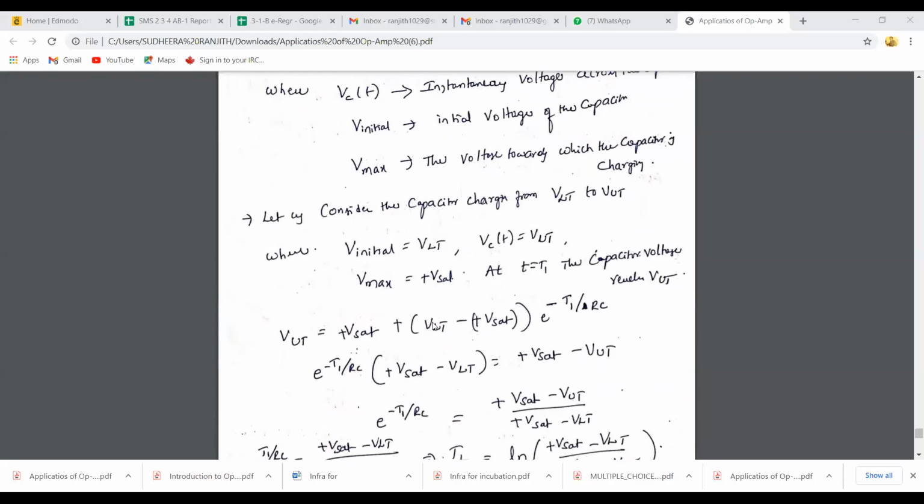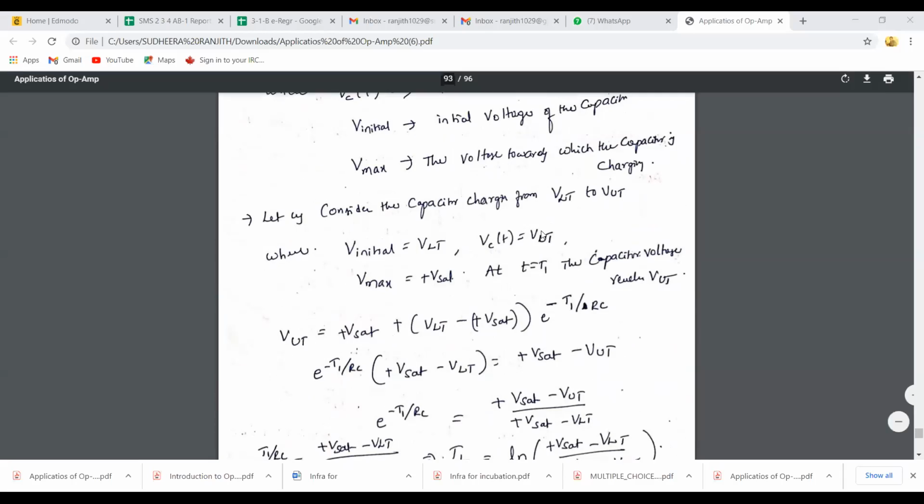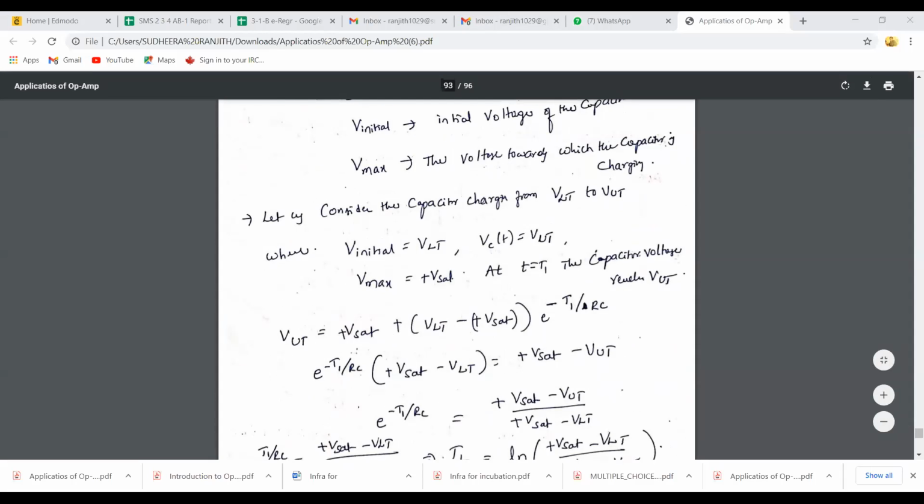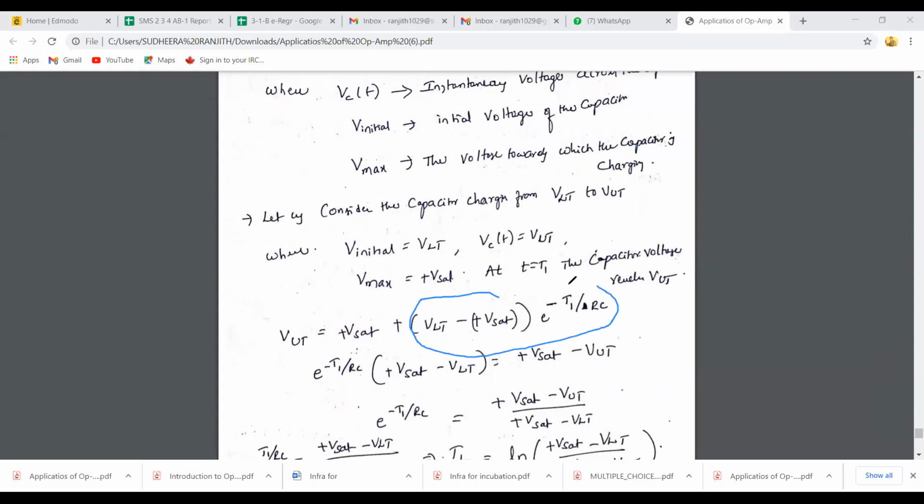I'm moving this entire term to my left hand side, and bringing this VUT to my right hand side: V sat minus VUT, and this one to my left hand side. From this, e power minus T1 by RC equal to plus V sat minus VUT by plus V sat minus VLT.